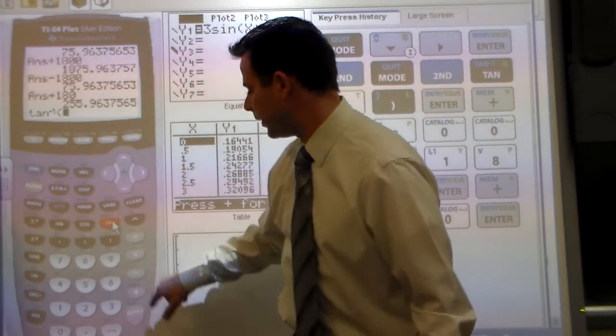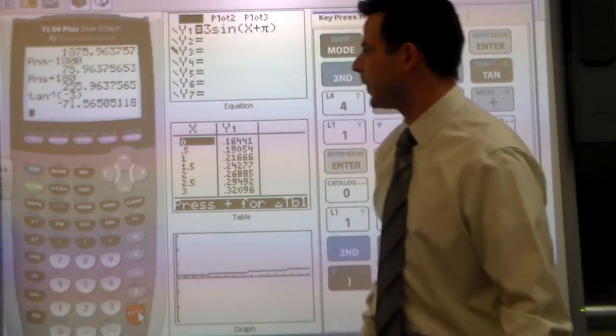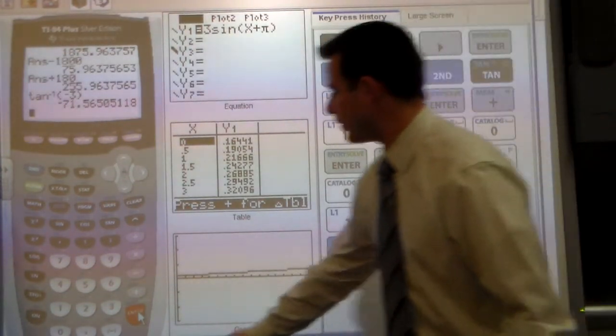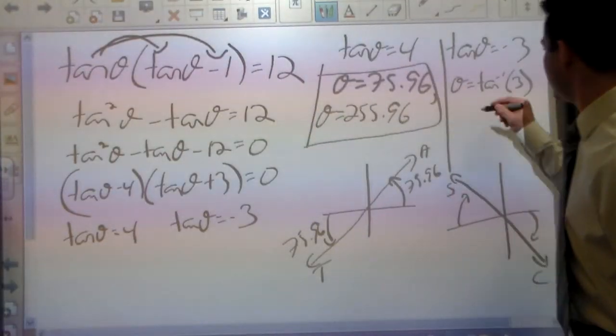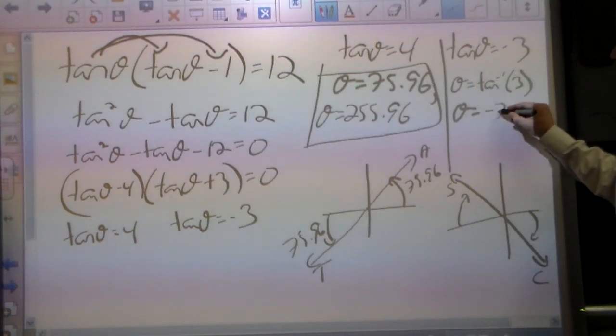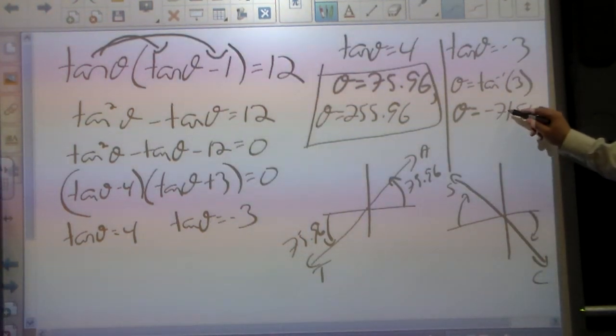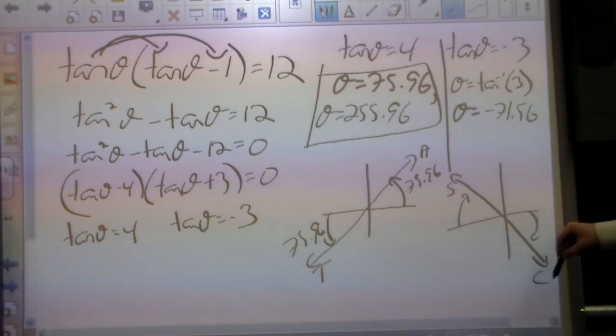Second tan of negative 3, enter, and negative 71.56. Now, this is a negative angle. That's this angle. Negative 71 is traveling down first. So this reference angle is 71.56.